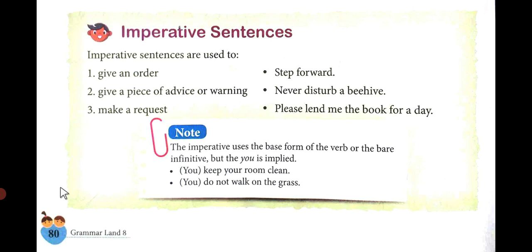Second number is interrogative sentences. Interrogative sentences ask a question and are formed by putting the auxiliary verb before a noun or by beginning the sentence with a WH word, that is what, where, who, whom, which and so on, and ending it with a question mark. For example, don't you like reading? Next comes the exclamatory sentence.